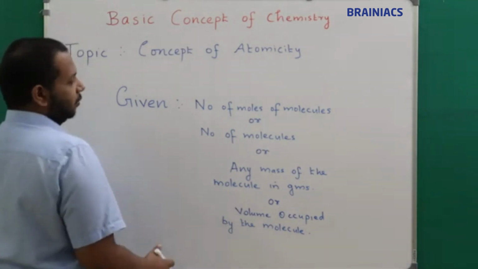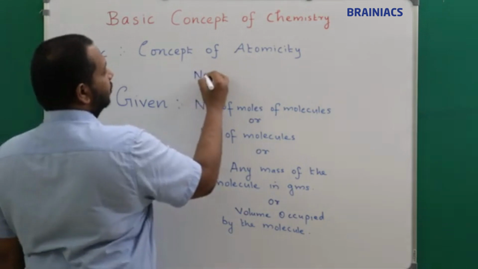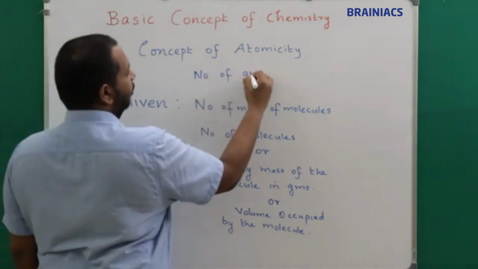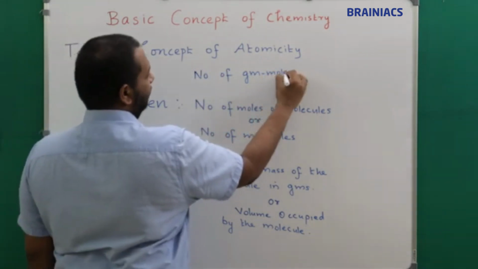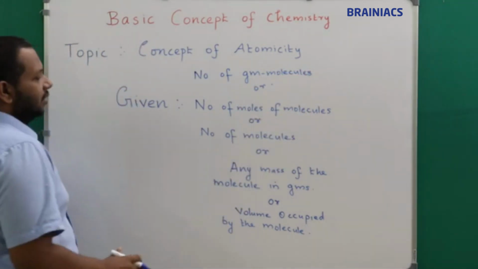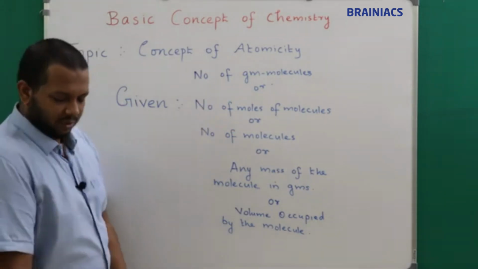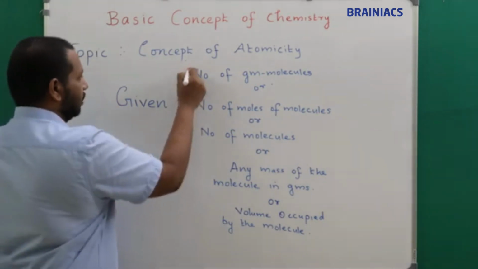And what is the last possibility? It can be number of gram molecules they can give. Correct? So these are the different ways by which the questionnaire can represent the molecules. So we will see it in one shot.